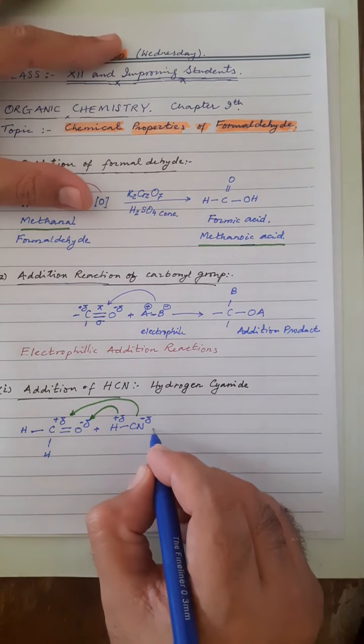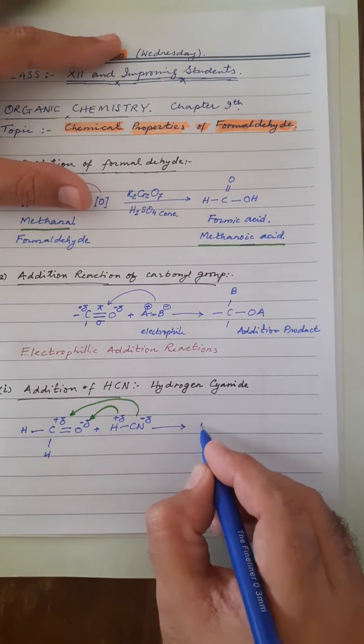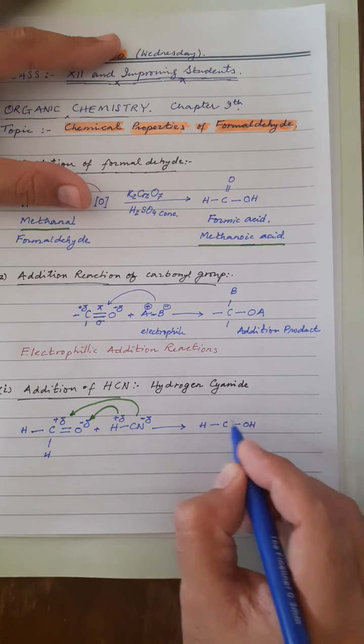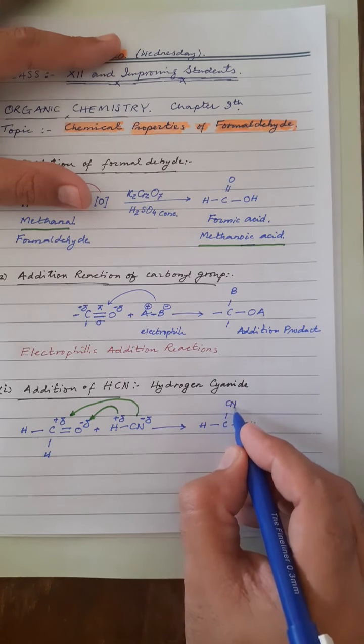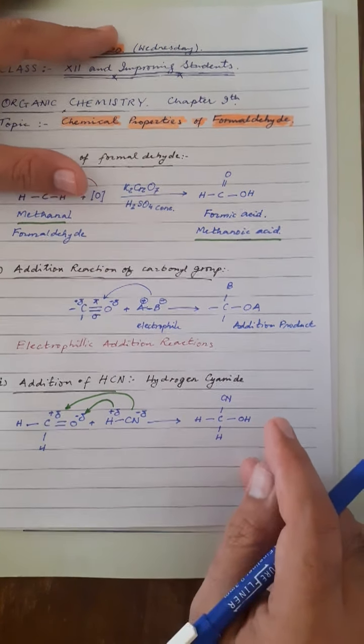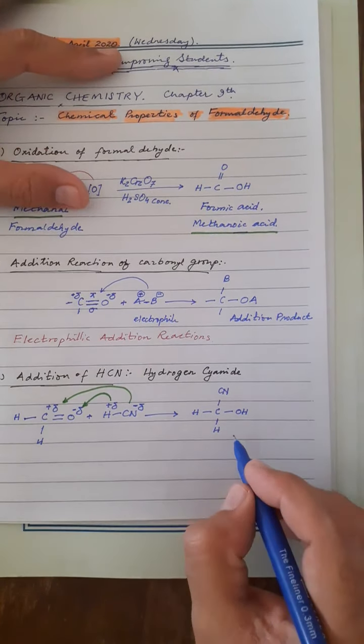So you can easily predict and tell me the product. Okay, a very spontaneous reaction, and you will have HCOH and CN and H. Now this compound is called cyanohydrin.